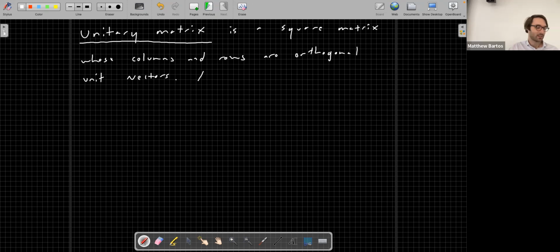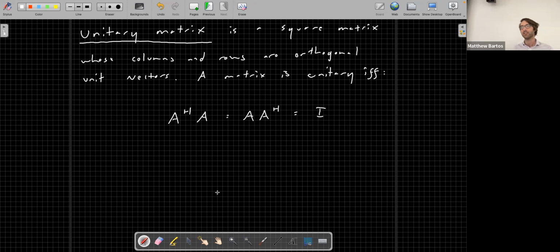So in other words, a matrix A is unitary if and only if A Hermitian transpose A is equal to A A Hermitian transpose is equal to the identity matrix. All right. And note that if we are in a real valued vector space, this reduces to A transpose A is equal to A A transpose is equal to the identity matrix.